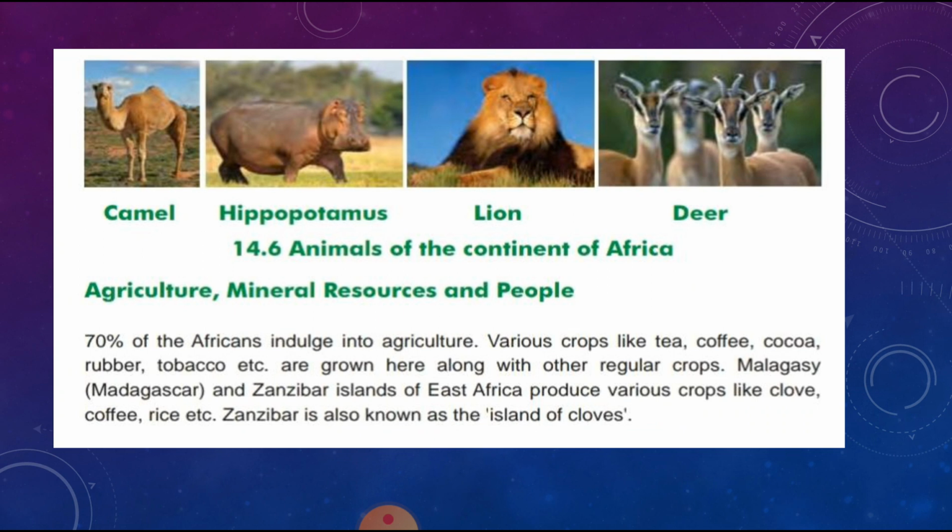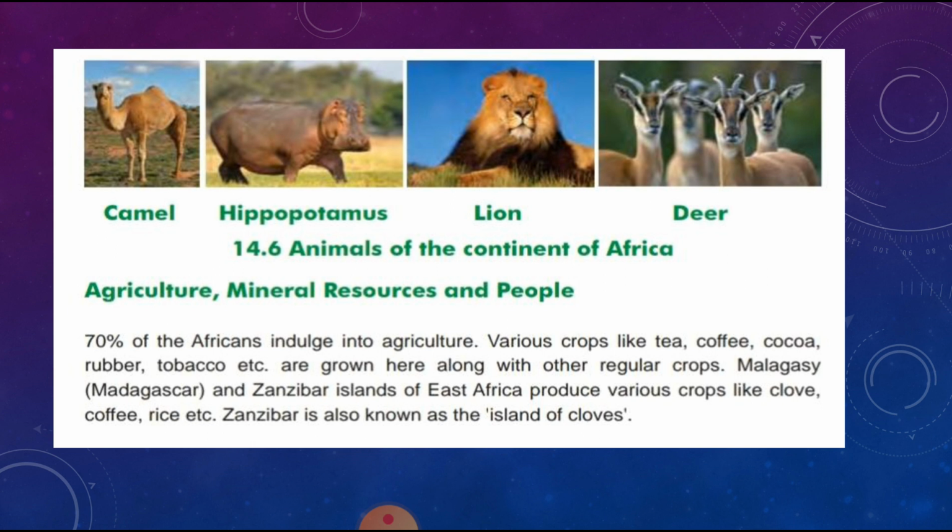When we discuss agriculture, 70% of Africans are engaged in agriculture. The various crops being grown are tea, coffee, cocoa, rubber, tobacco, etc. They are grown here along with the other regular crops.